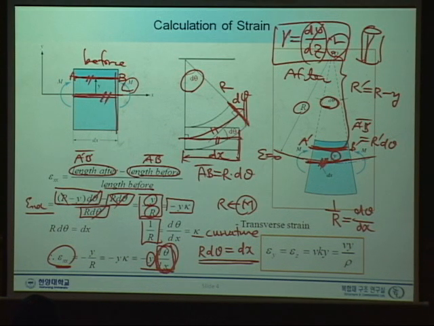This is the rate, or angle of rotation per unit length. Angle of rotation means that this end surface will rotate like that, and it has a certain rate along the length, and that's the d theta over dx. And the strain is proportional to y.